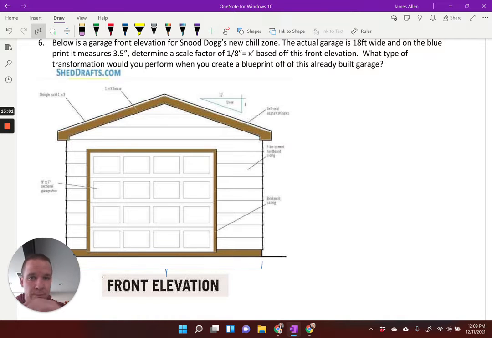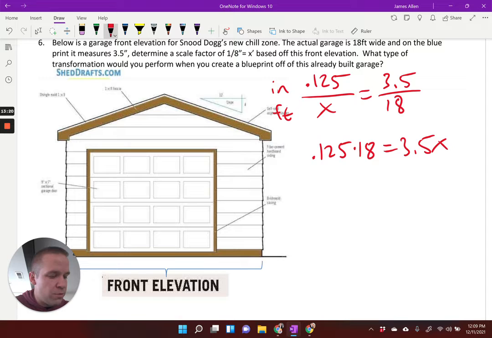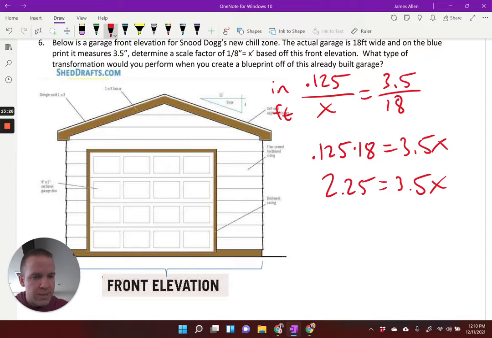So we're doing 1/8 of an inch, so 0.125 is x. That's inches over feet. And I know that it is 3.5 inches over 18 feet. So I have to cross multiply. So 0.125 times 18 equals 3.5x. 0.125 times 18 is 2.25 equals 3.5x.